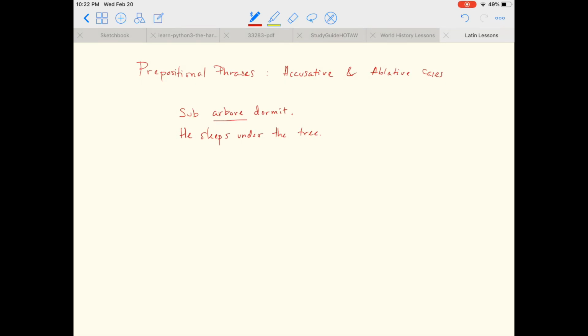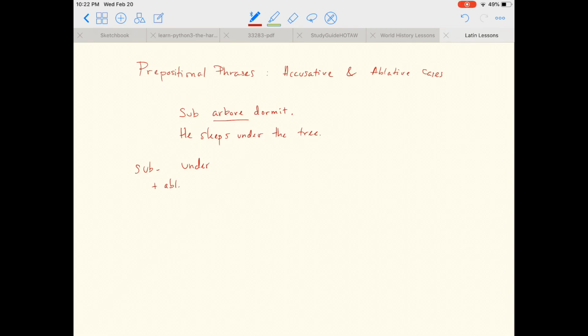The ablative is being used here, insofar as sub is a preposition, under, and it takes the ablative case. Okay, so it's the ablative singular, of course, because it's under the tree, all right, rather than trees.